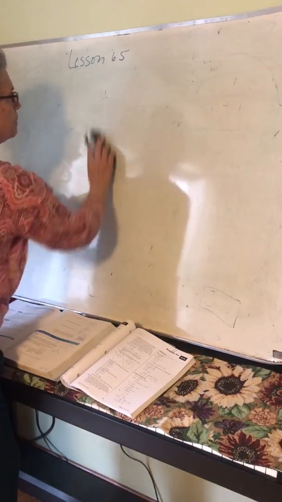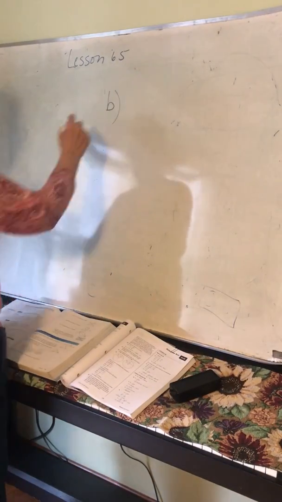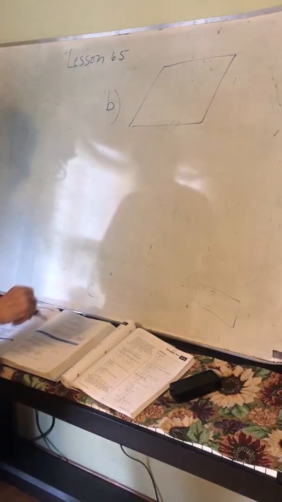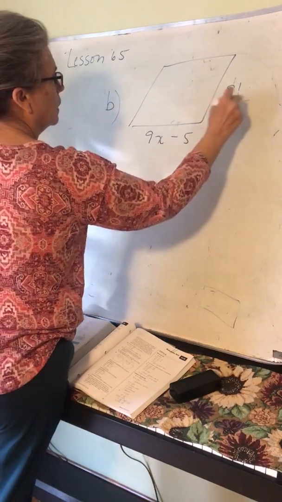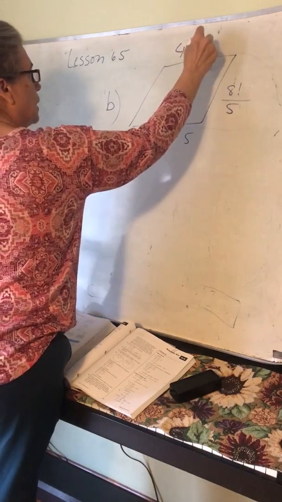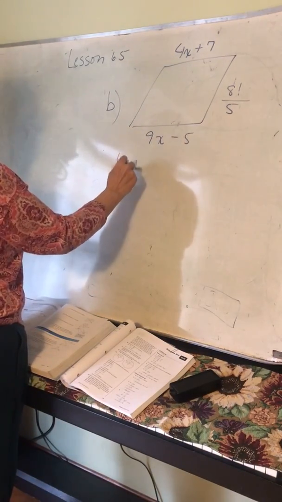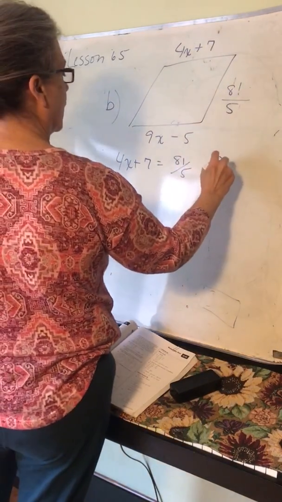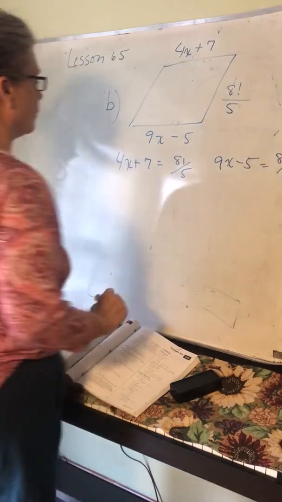Okay, let's look at B. If B is a rhombus, then all the sides are equal. And so the answer key puts 4x plus 7 equal to 81 over 5, and 9x minus 5 equal to 81 over 5.